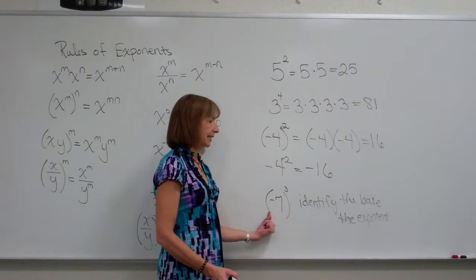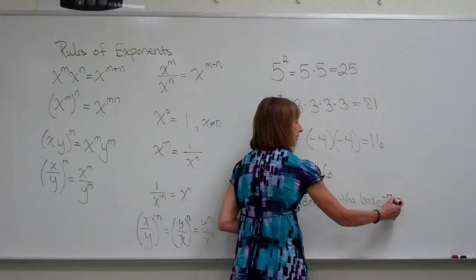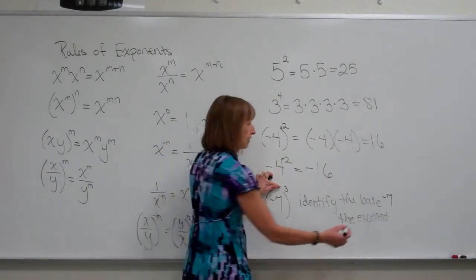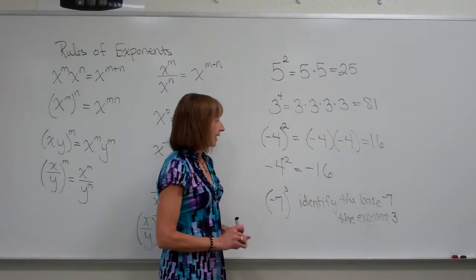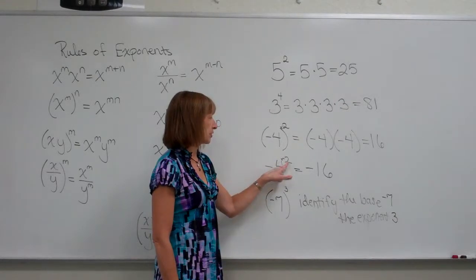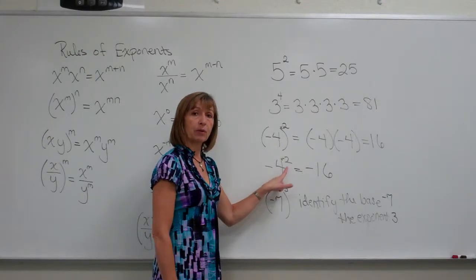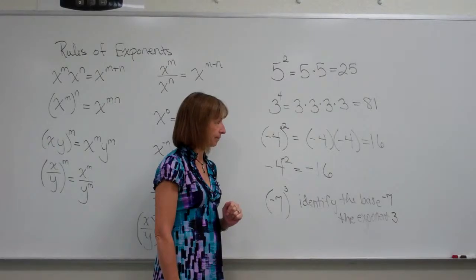So the base is the entire thing that exponent is acting on, -7. And the exponent tells me how many of those factors, so it's 3. In the previous example, the opposite of 4 squared, our base would be 4 and our exponent would be 2. Just identifying the base and the exponent.